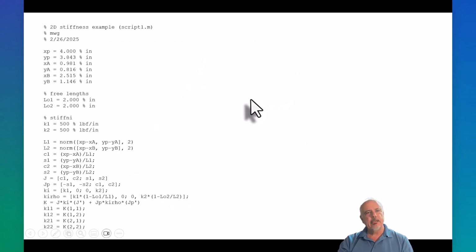So here's how I calculated this. I showed you this already, where I had my positions, my free lengths squared, and my stiffnesses. I did my L1, L2, and these are just the two norms of the delta x, delta y. I got my C1, S1, C2, S2 from the projections I showed you earlier.